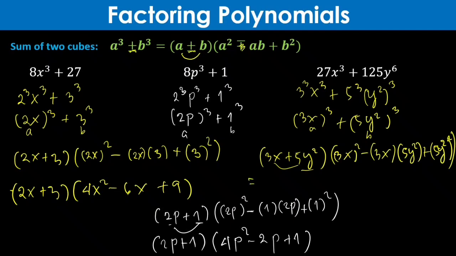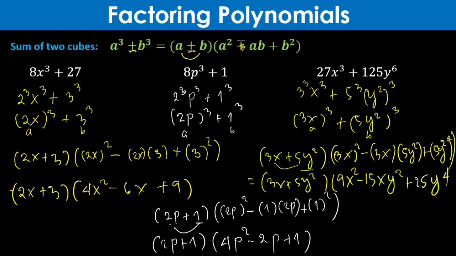And finally we have 3x plus 5y squared. The square of 3 is 9x squared. 3 times 5 is 15xy squared. The square of 5 is 25y to the 4th. Close bracket.